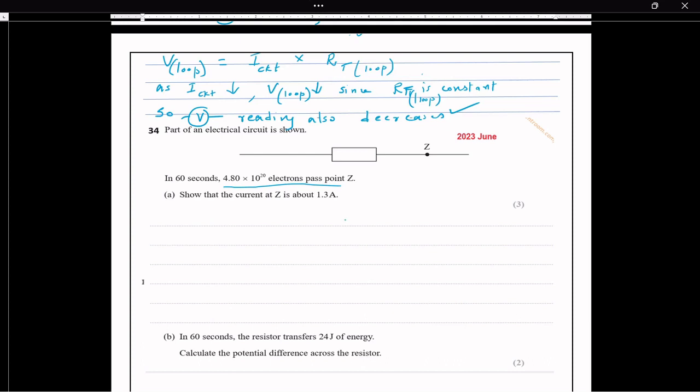So we have studied that the current at a point is the rate of flow of charges through that point. So current is dQ by dt. Current is the rate of flow of charges.